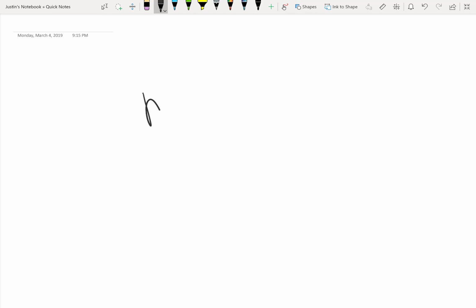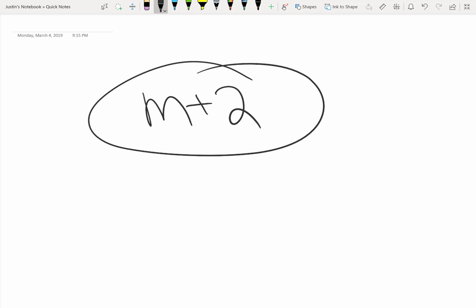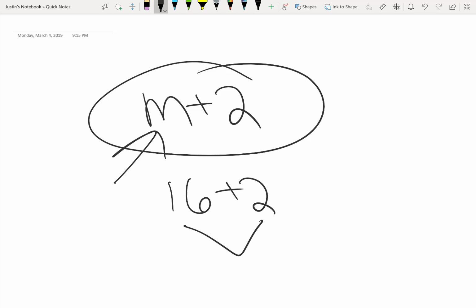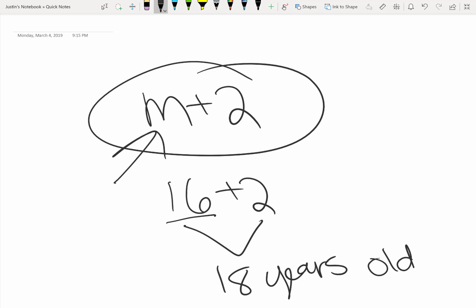Again, m plus 2 is your expression there. And if m, my age, equals 16, then 16 plus 2 would be 18 years old. So the sister would be 18 years old when my age was 16 from the chart.